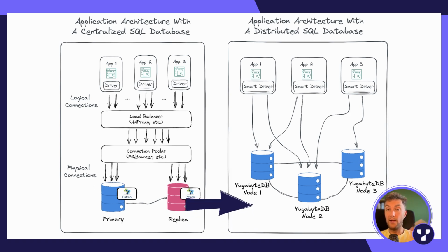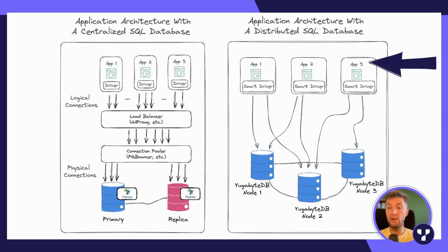You just have your multi-node YugabyteDB cluster that can scale vertically as well as horizontally. Your applications can connect to those nodes directly, and you can use your PostgreSQL standard driver, or you can use enhanced YugabyteDB smart driver. Your application can open a connection with node number 1, then the driver will learn the IP addresses of the other nodes, and it will be load balancing automatically the requests across the entire cluster.